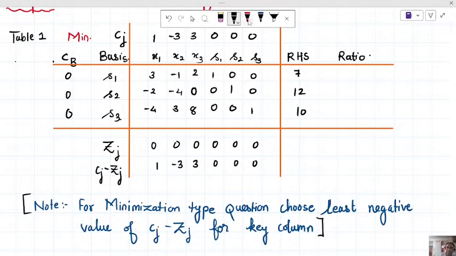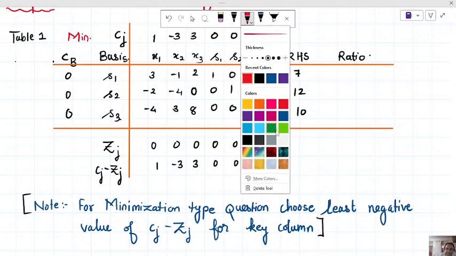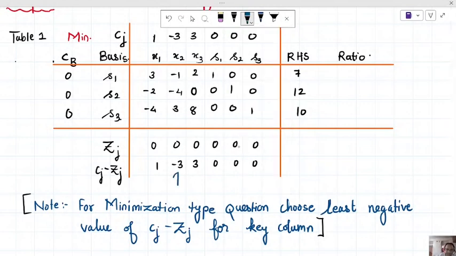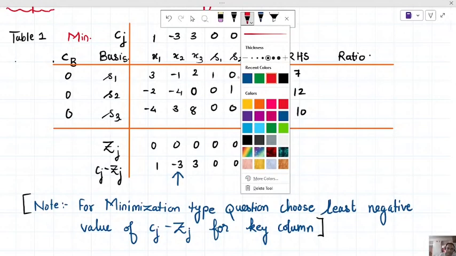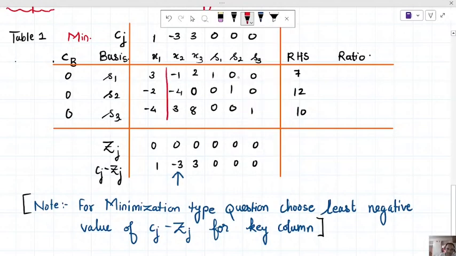So now when we choose the least negative value, we see that this minus 3 is the least negative value. So this is my key column. Now we do the ratio calculation.